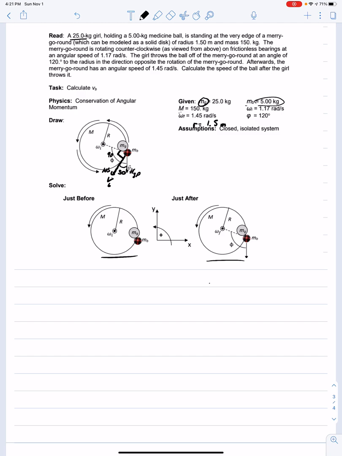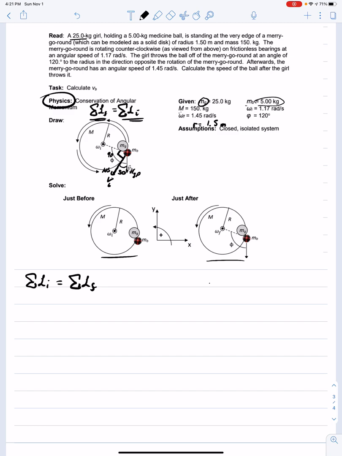So, again, we have a physics, final equals the initial. And then we start writing it here. So we write initial angular momentum plus the final angular momentum.